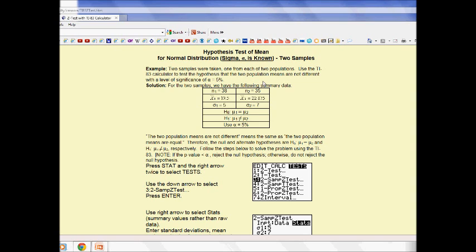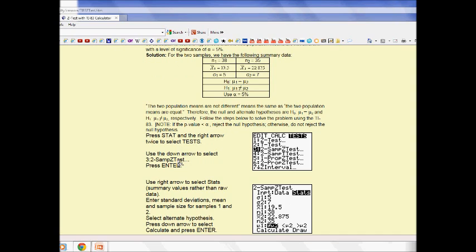So then you plug the data in, and you can see standard deviation 1, standard deviation 2, mean 1, mean 2, sample size 1, sample size 2. You just got to make sure you don't mix your numbers up.